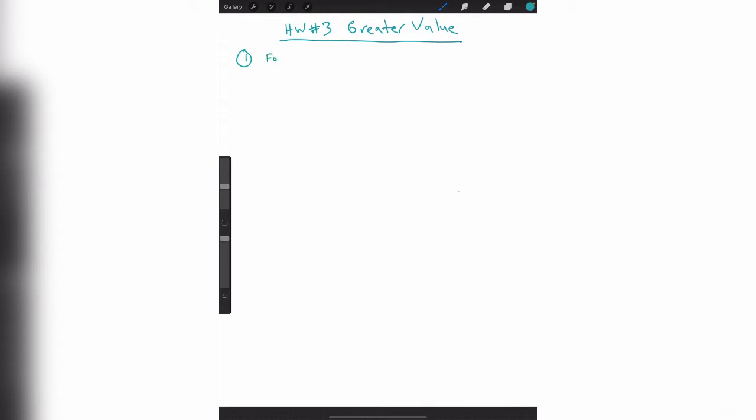And the 4 basic inequalities are all ones that I'm sure you've seen before: less than, greater than, less than or equal to, and greater than or equal to. So we're going to be working with these 4 inequalities.